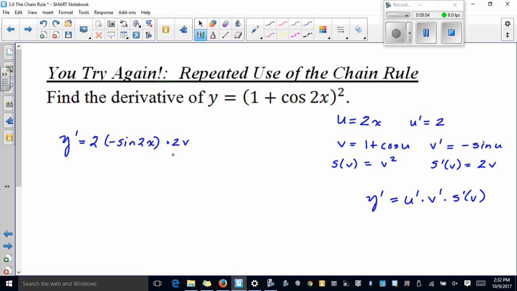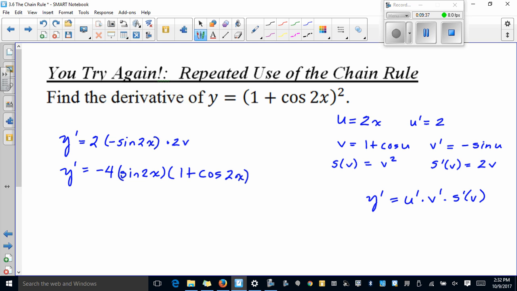Oh, but we need, okay. I did the substitution here and not here. Okay, so y prime equals, I'm going to go ahead and do the 2 and the negative and the 2, so negative 4 sine of 2x times my v, and v is 1 plus cosine of u, and u is 2x.